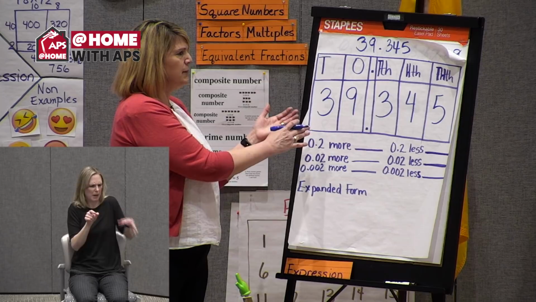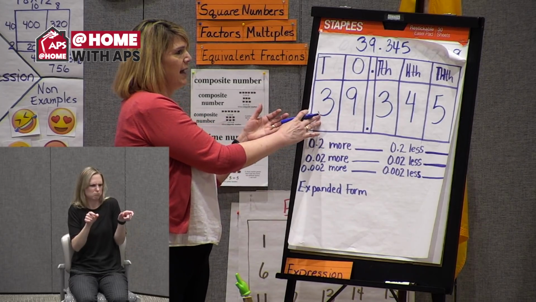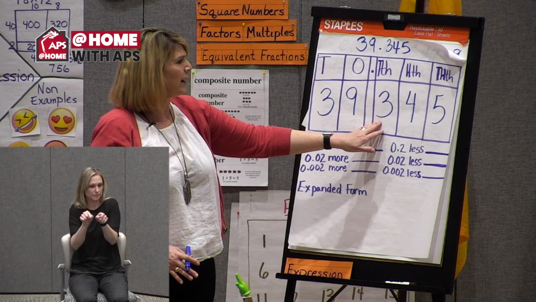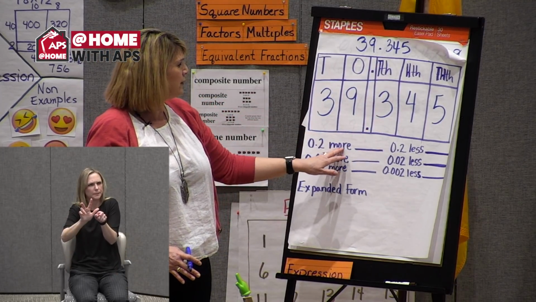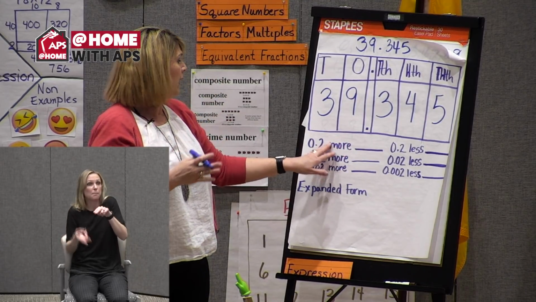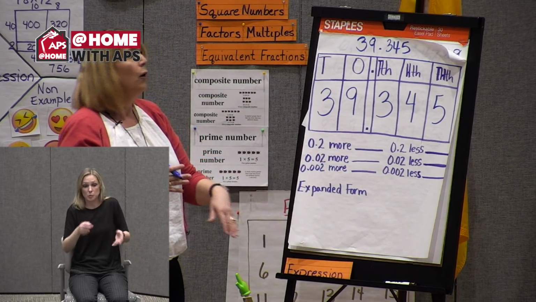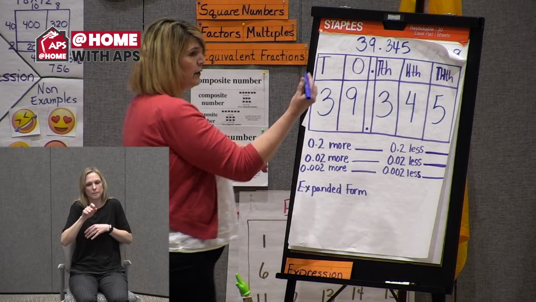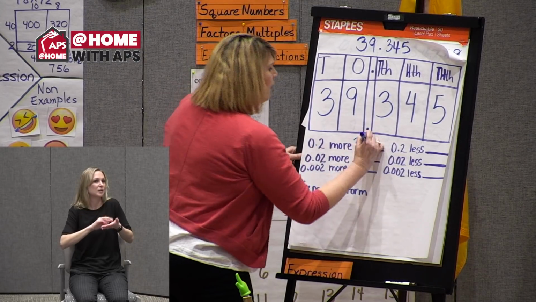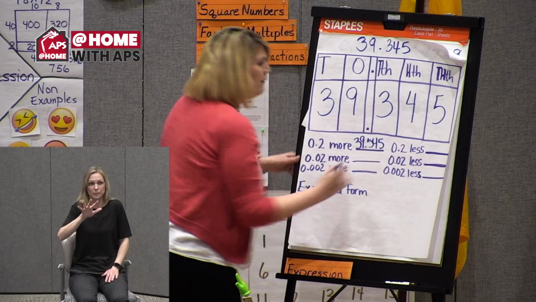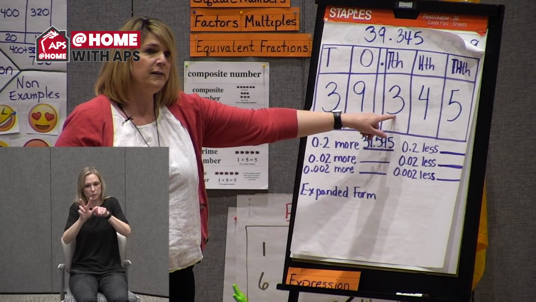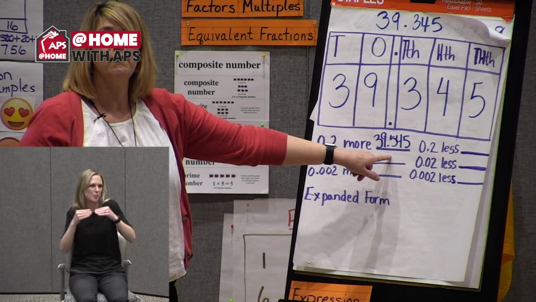No, I'm not going to need to be looking at my ones or my tens. I'm going to need to be looking at my tenths place. In my tenths place right now, I have a 3. If I was looking for something that was more, I've got to go to a number that is higher than that 3. In this case, I need 2/10 more, or 5/10, right? So let's write that number as it should be. We have 39 and 545 thousandths. That's by increasing the 3/10 by 2/10 more to give us 5/10 there.